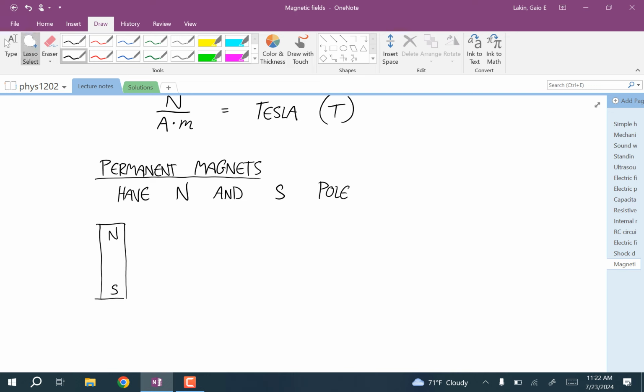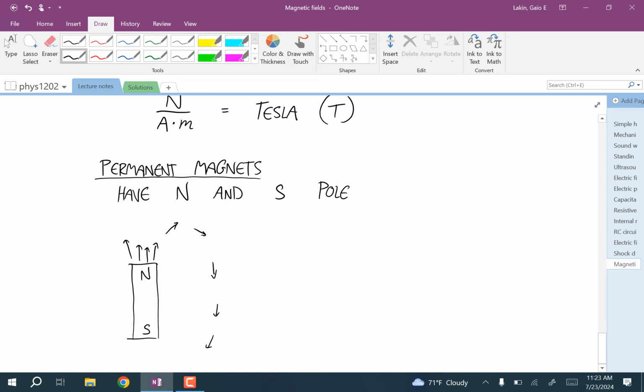If you measure the magnetic field vectors coming out of a permanent magnet like this, it would look something like this. They would all be leaving the North Pole. And they would all be ending at the South Pole.